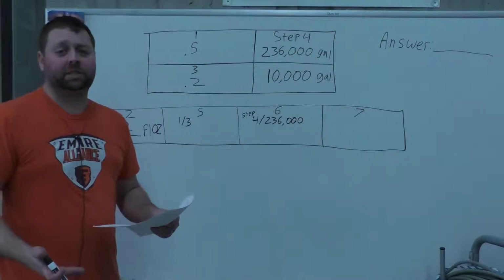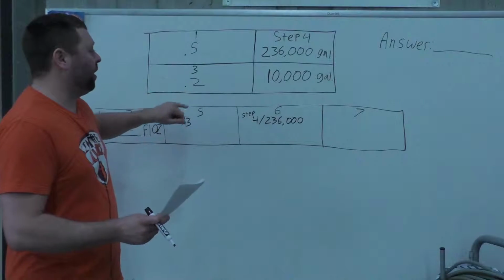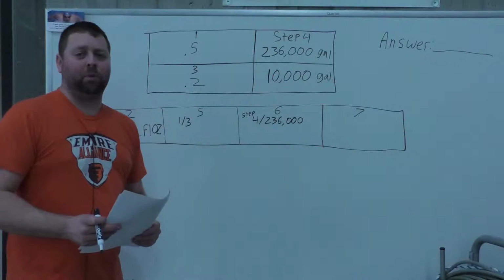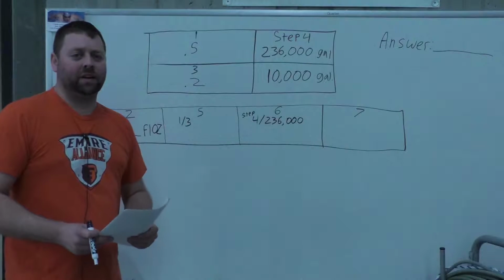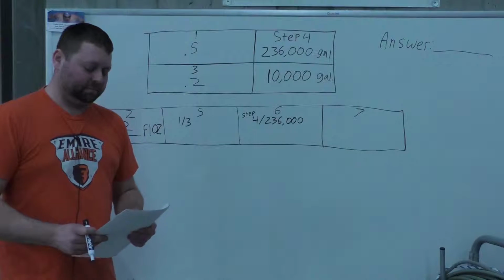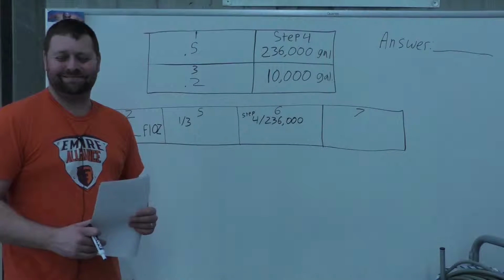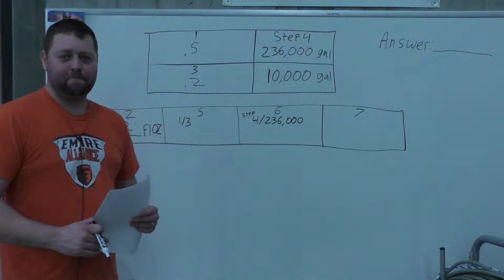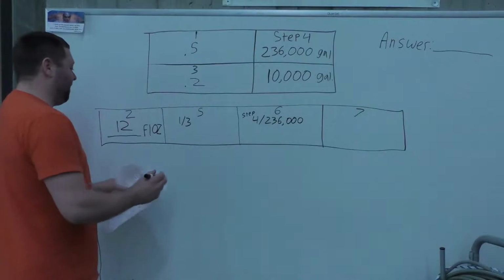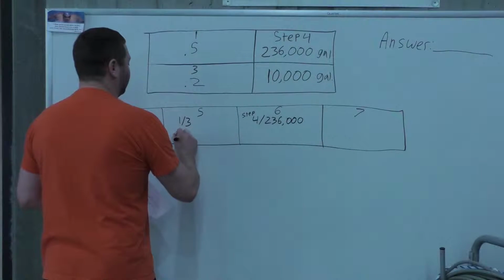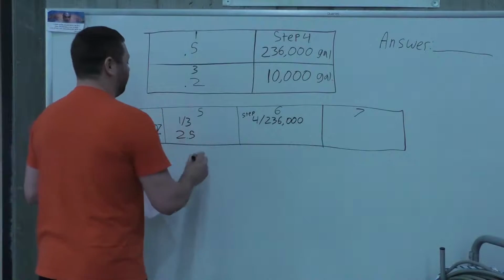From here, we start with simple math. We're going to take 0.5 and divide that by 0.2. Take a minute and do that yourself. After you've done 0.5 divided by 0.2, you're going to come up with the answer of 2.5.